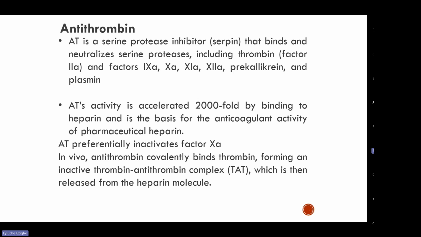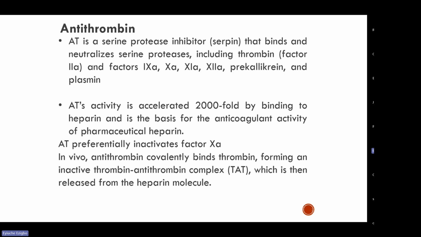AT's activity is accelerated 2,000-fold by binding to heparin and is the basis for the anticoagulant activity of pharmaceutical heparin. Okay, this is how heparin functions in the body, by binding antithrombin. AT preferentially inactivates factor 10 in vivo.